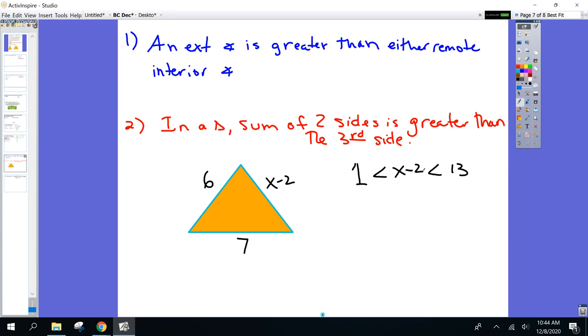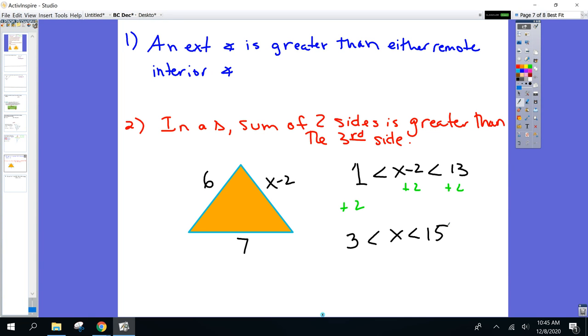I'm looking for possible values of just X, so in this case, we get rid of the negative 2 by adding 2 on both sides. So if you wanted possible values of just X, it would be between 3 and 15. Okay, so just a heads up on that. If I ask for possible values of the third side versus possible values of X, totally different.